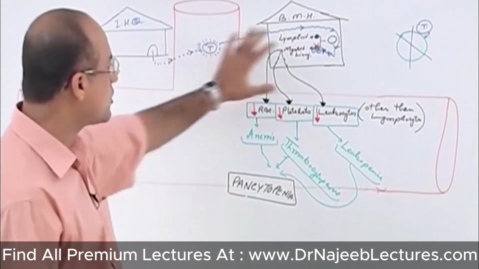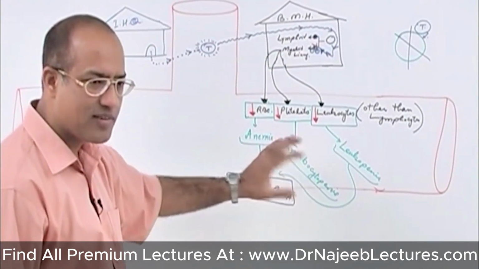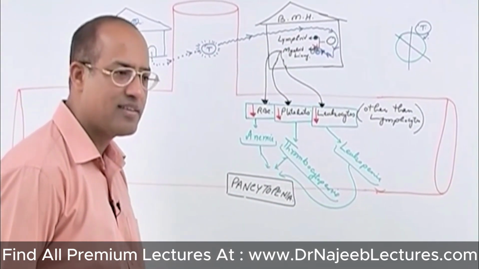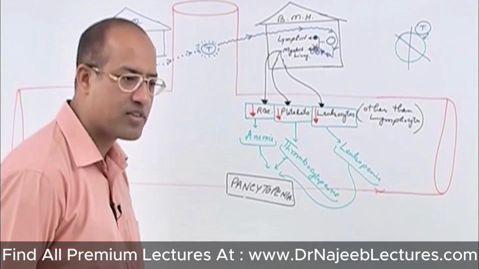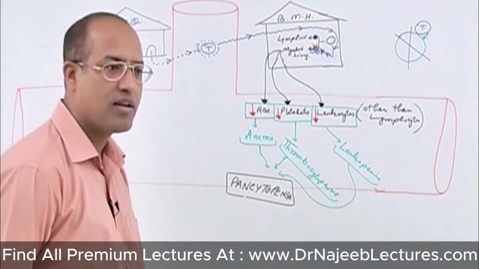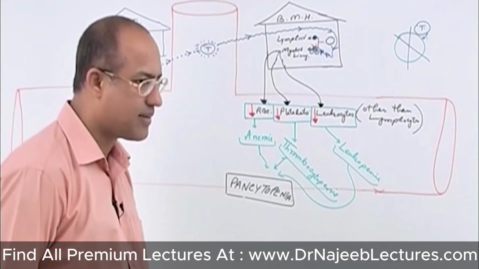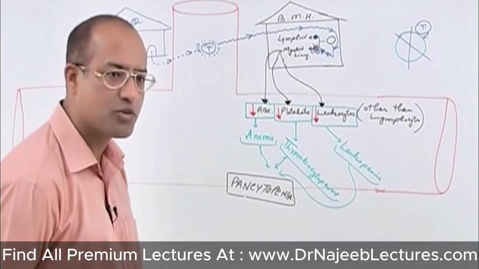So this whole story is the patient of aplastic anemia. A patient with aplastic anemia has hypoplastic or aplastic bone marrow with pancytopenia in the peripheral blood picture. Am I clear? Of course, it's a life-threatening situation.